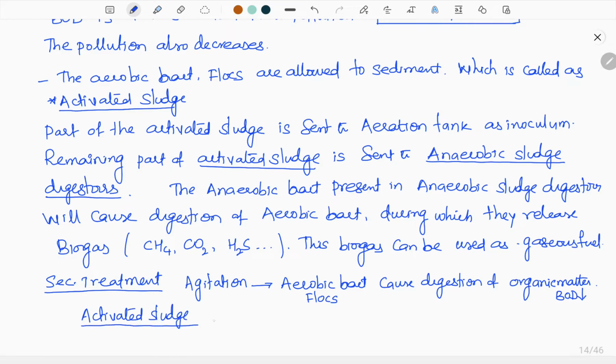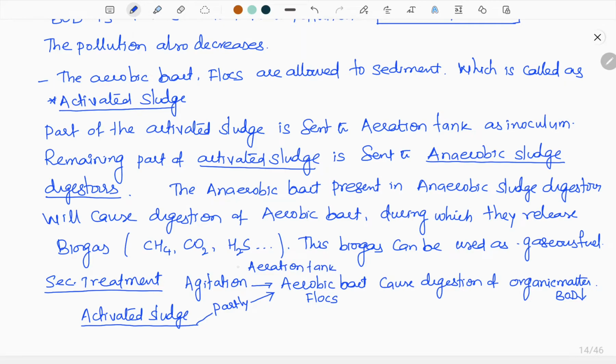This activated sludge is partly sent to the aeration tanks. You see that agitation takes place in the aeration tank, large aeration tanks.